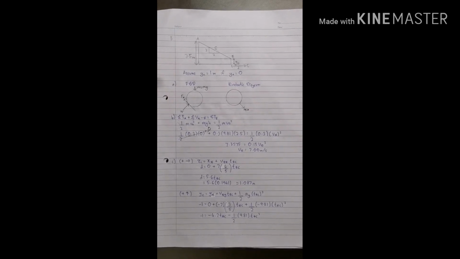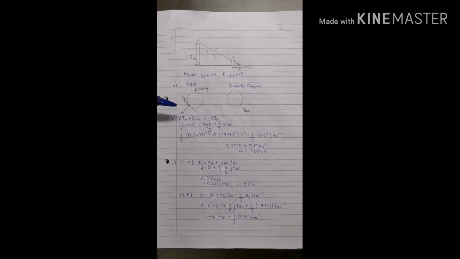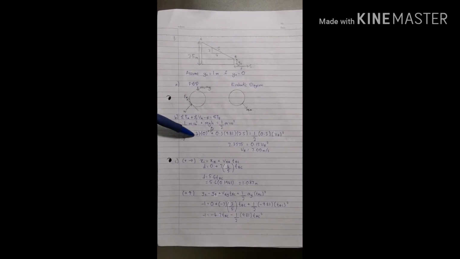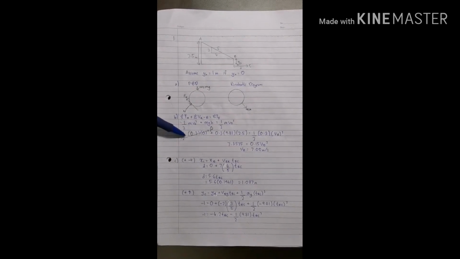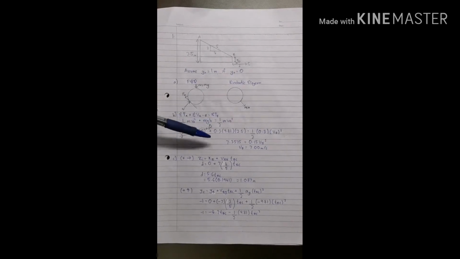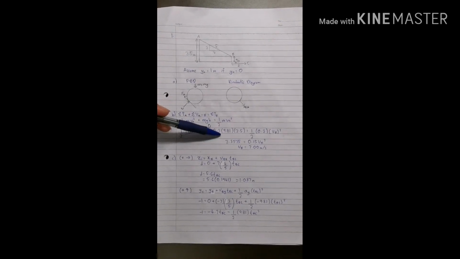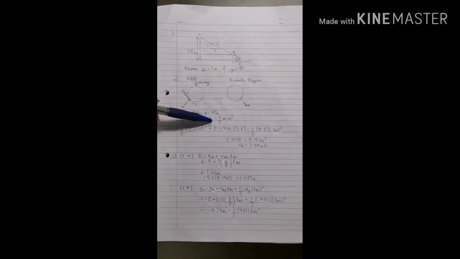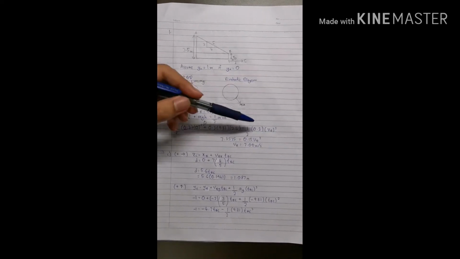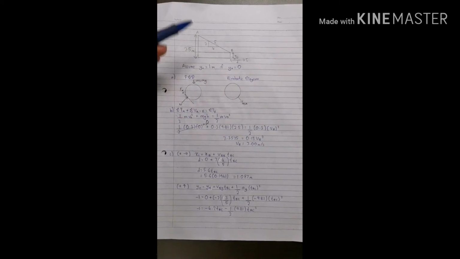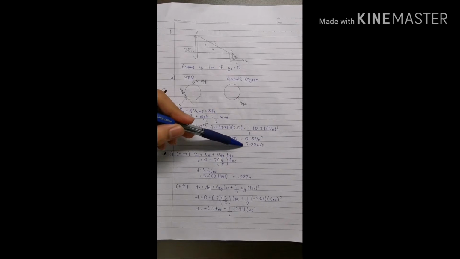So firstly, since the initial velocity is 0, half times 0.3, which is the mass, times 0, and we will get 0 plus mgh, which is 0.3 times 9.81 times 2.5, the height, equal to half times 0.3 times VB squared. And finally, we will get VB equal to 7 meters per second.